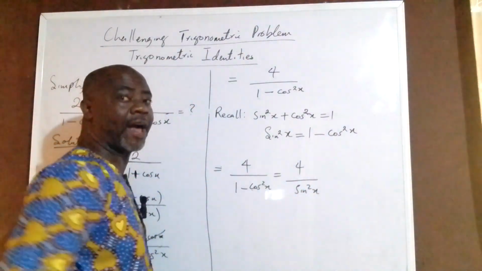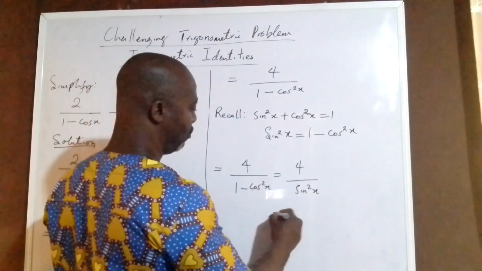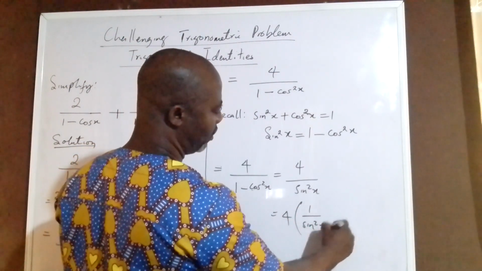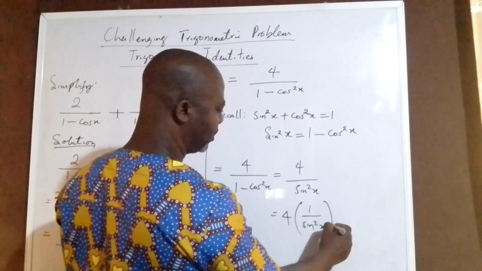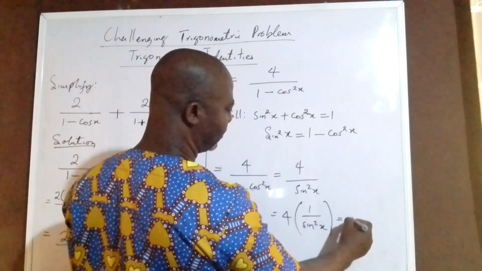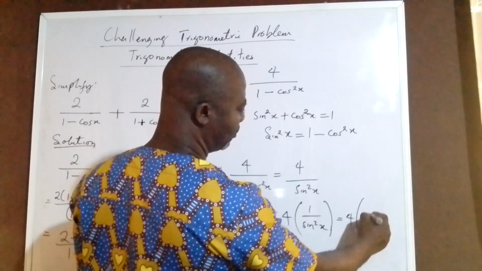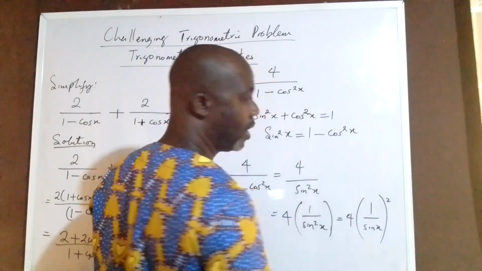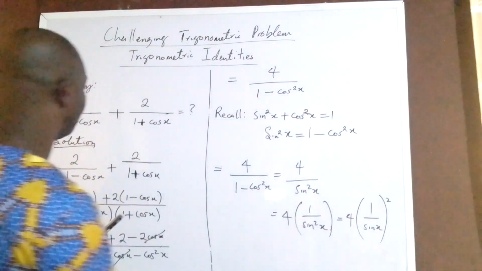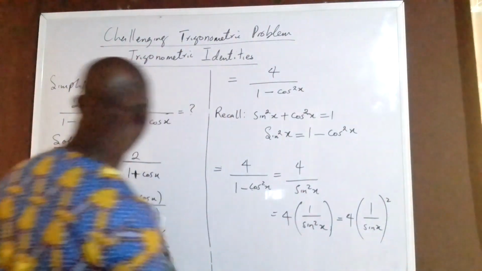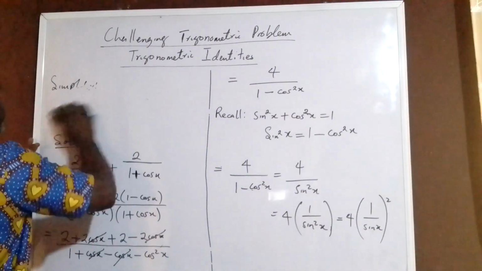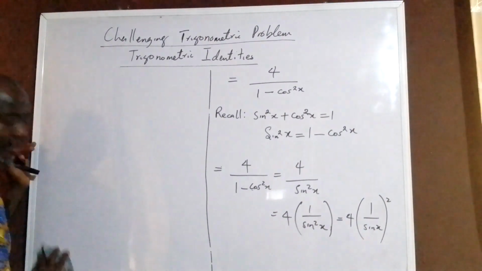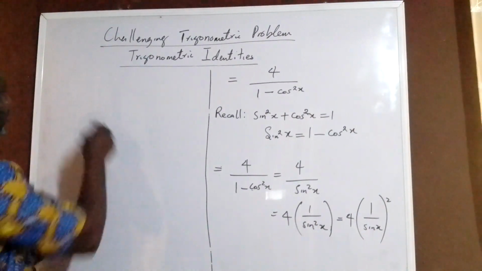So I'm going to further rewrite this as 4 times 1 over sine squared x, which I'm still going to write as 4 times 1 over sine x, all squared. And then I'm now going to look for the identity for 1 over sine x. The identity for 1 over sine x is cosec x.